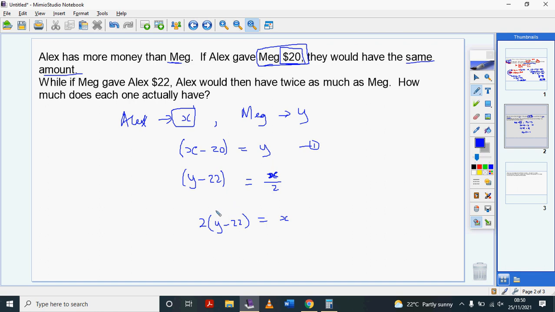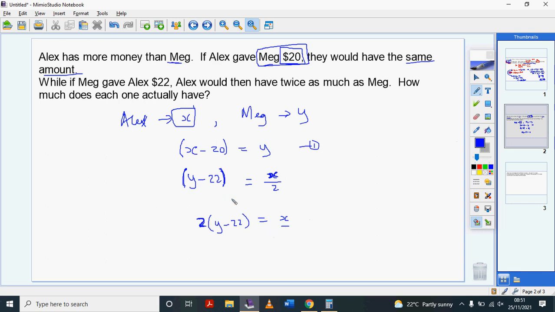So another way I could have written this is by just saying that after Meg has given Alex $22, after she has lost $22, what she has, I need to multiply by 2, which is what I'm doing here, to get what Alex has, right? So yeah, simultaneous equations can be fun.